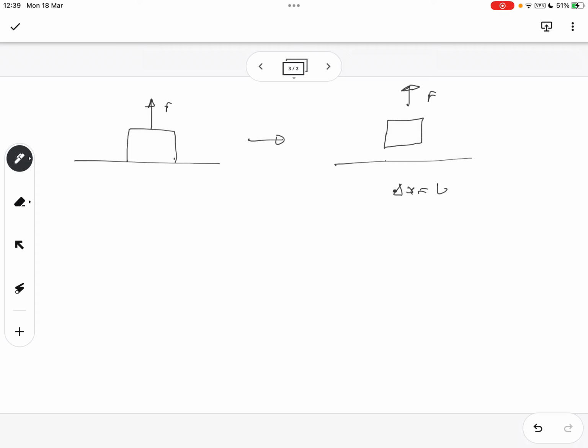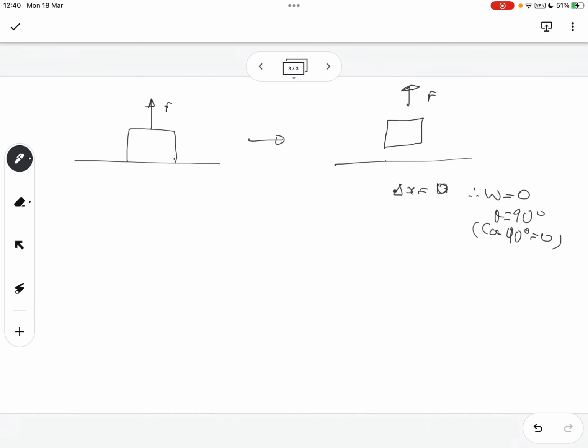That means delta x is 0, so the work done is 0, because theta is 90 degrees and cos of 90 degrees is 0. Cos 90 is 0.